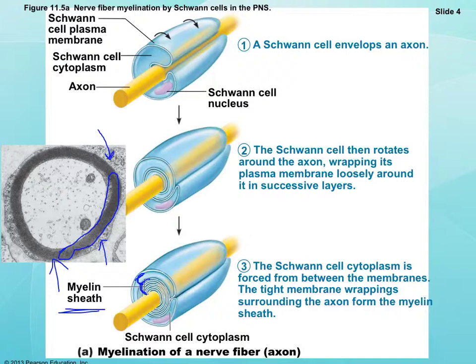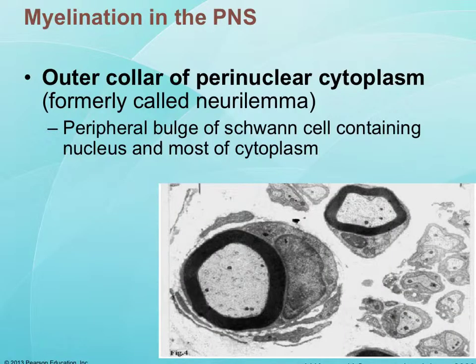That is the part that contains the cytoplasm and nucleus of the Schwann cell. Because the outermost layer has the nucleus and all those other important functional units of the Schwann cell, that part we call the outer collar, or perinuclear cytoplasm.